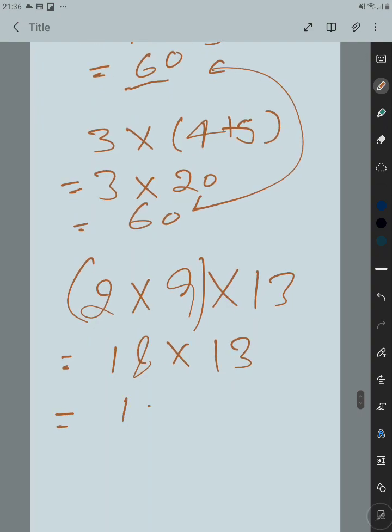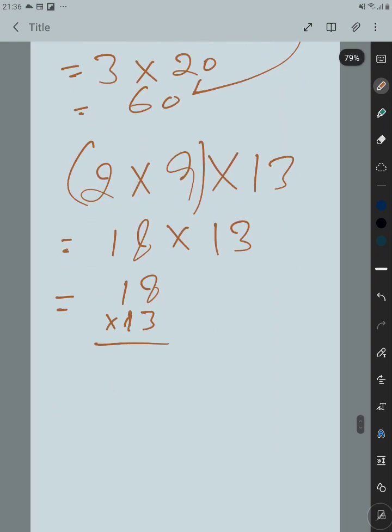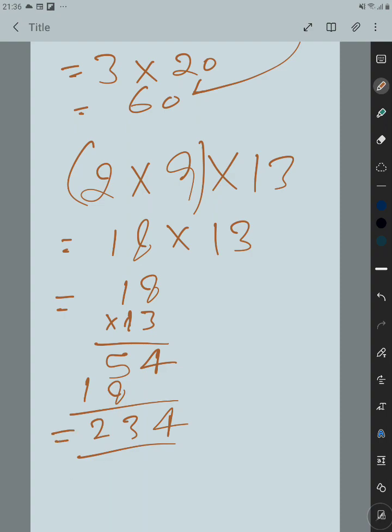You can do it like 8 multiplied by 13, and you write over here 4 and 5. Now write 18. So you'll get 4 and 3 and 2. The answer you are getting is 234.